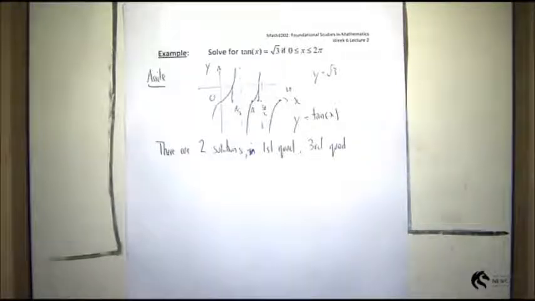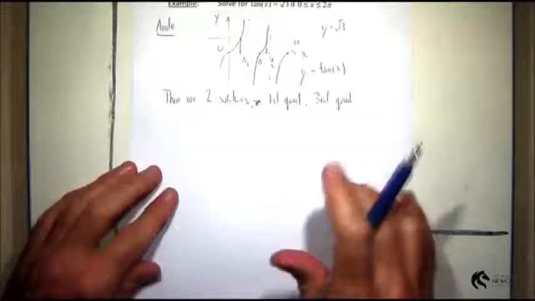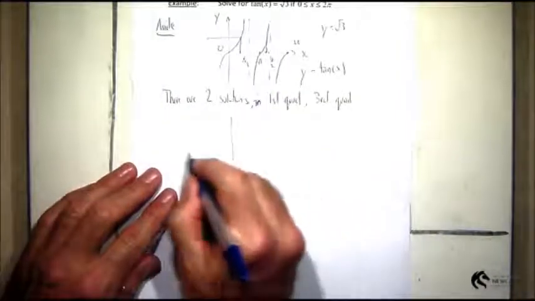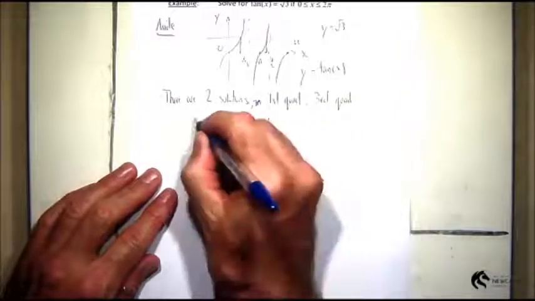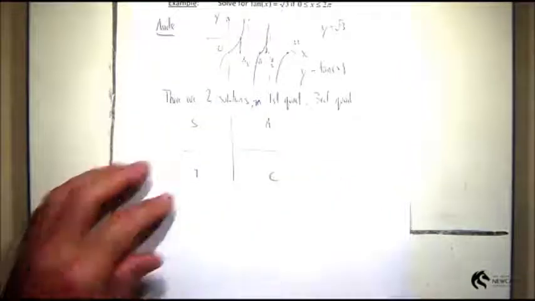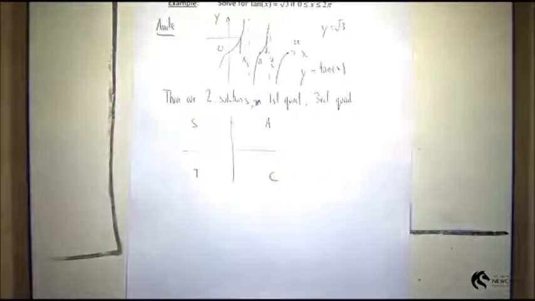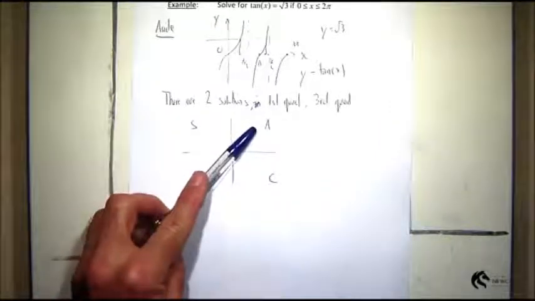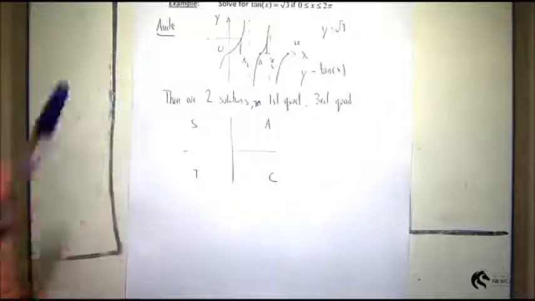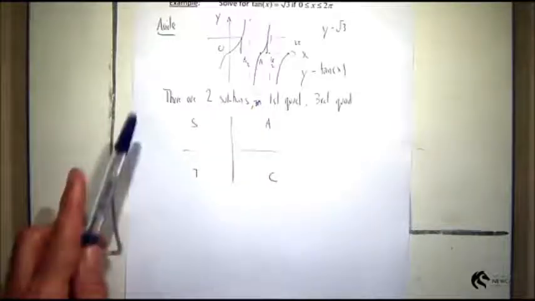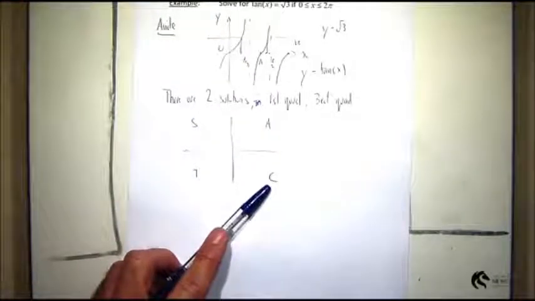I could have also thought to myself this. I could have said, look, remember we had this all ASTC mnemonic. It says, in the first quadrant, all the trig ratios are positive. In the second one, sine is positive. In the third quadrant, tan is positive. In the fourth quadrant, cosine is positive.